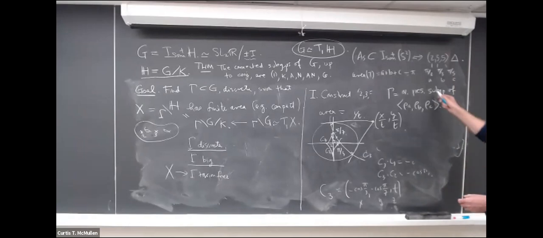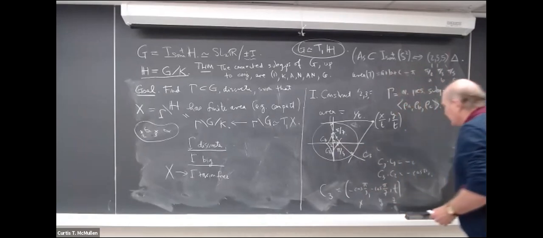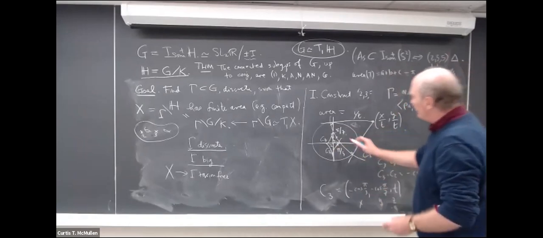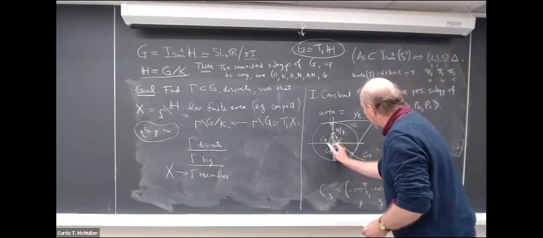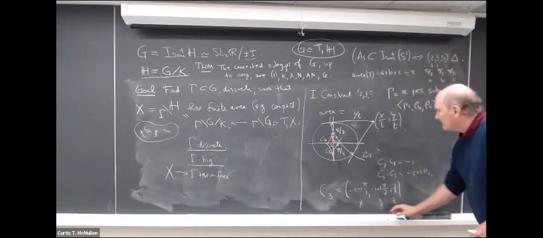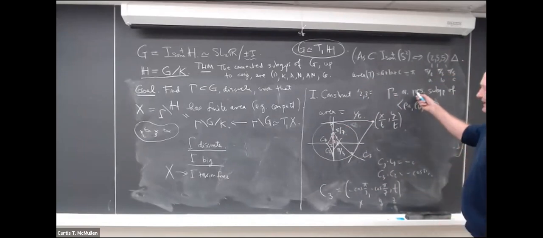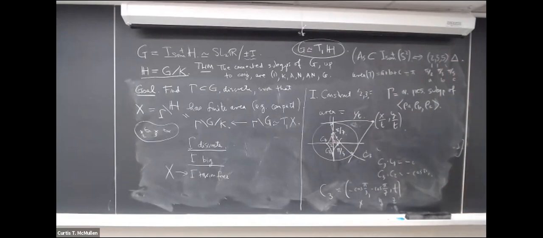And this will be a discrete subgroup of symmetries of the upper half plane, and its fundamental domain will consist of, say, any two adjacent triangles, any two triangles that share an edge. And therefore, it's discrete, and moreover, it's co-compact because it has a compact fundamental domain.